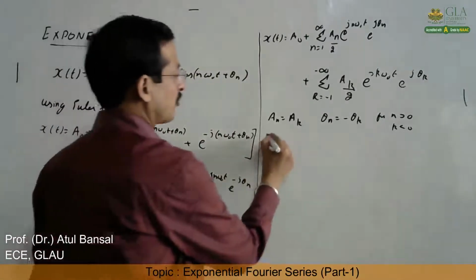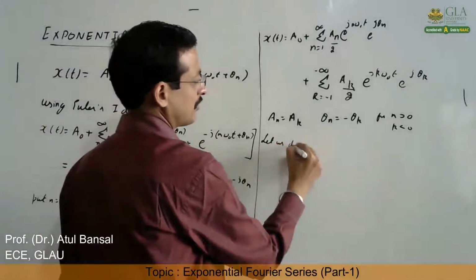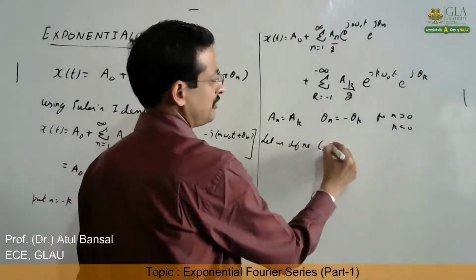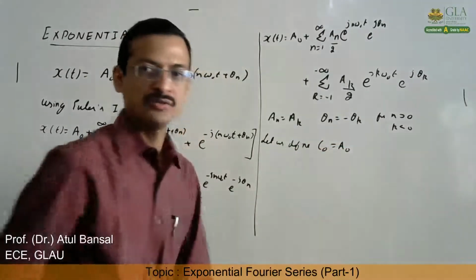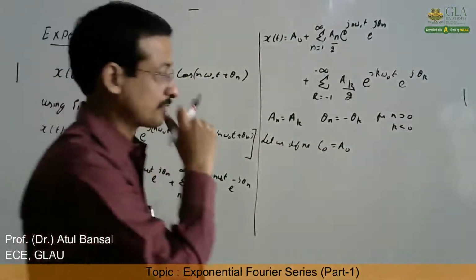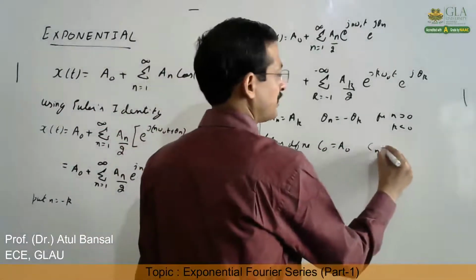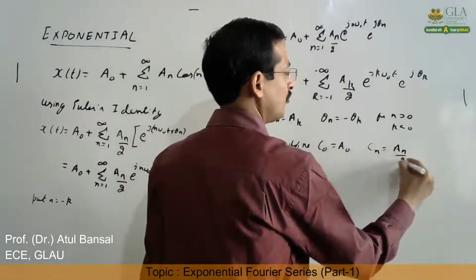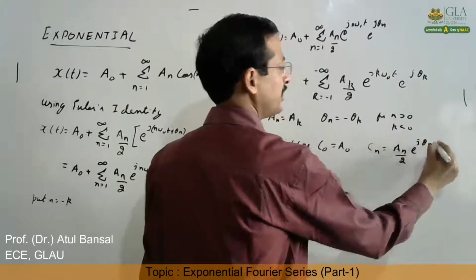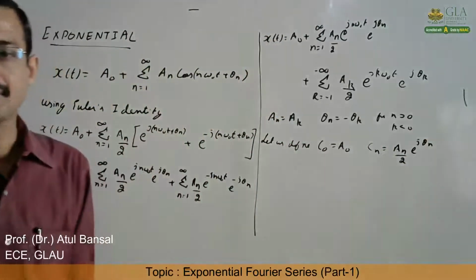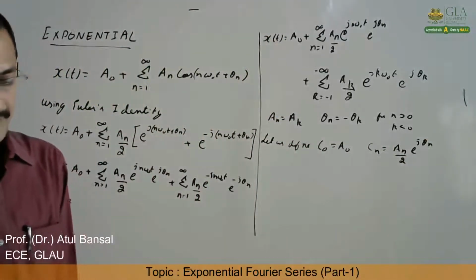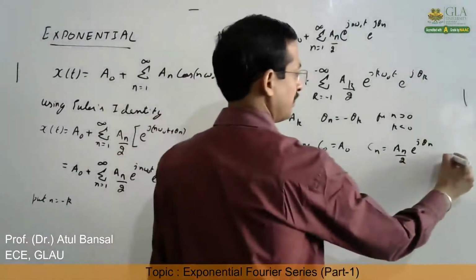Now let us define new coefficients. C0 is the same as A0, that is the new average or DC component in exponential form of Fourier series, and Cn equals An by 2 e raised to power j theta n for n greater than 0, right?